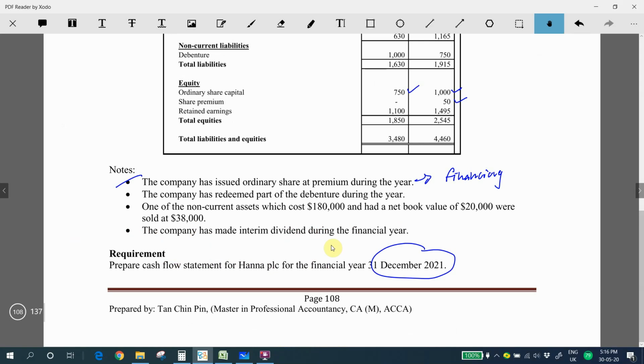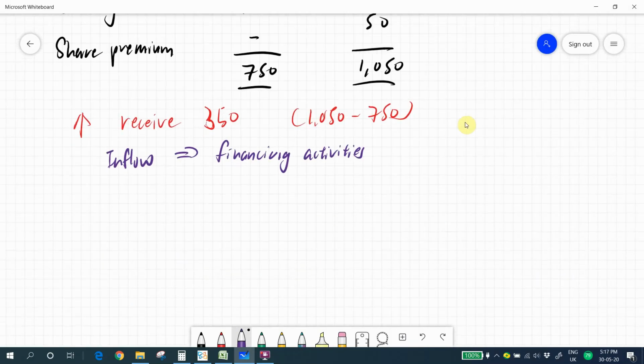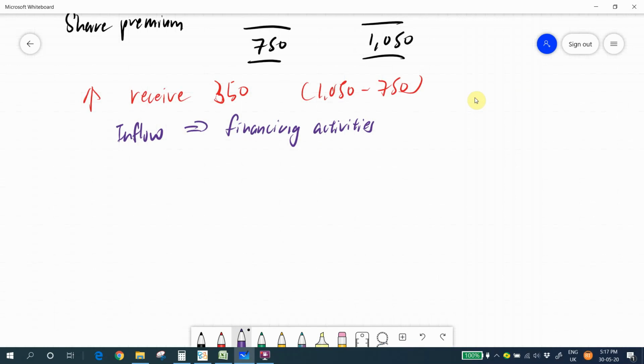Next, the company has redeemed part of the debenture during the year. So you can see that debenture is under non-current liability. The debenture has been reduced from 1000 to 750. So we have to do a comparison. Let's use the presentation in this way. The second one is regarding the redemption of debenture.